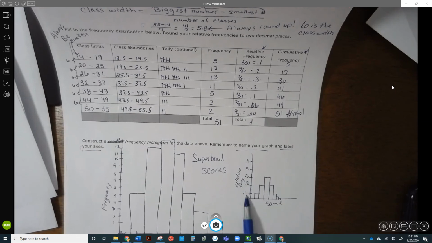It's just telling us in relation to its total, should we be impressed with this? And this is a lot. So 30% of the football games have a score of something between 26 and 31. That means there's a good number of them that have that. So that's the most common score to have.